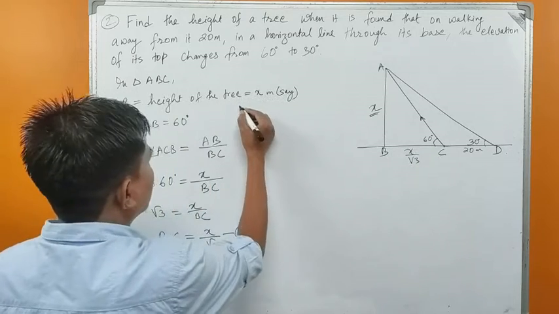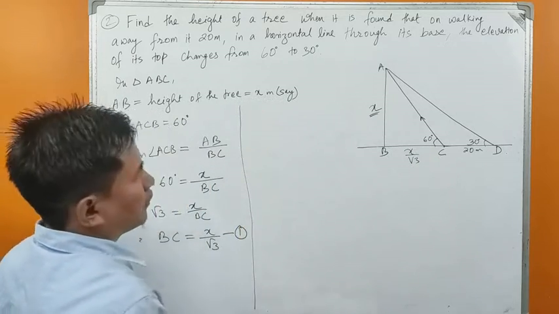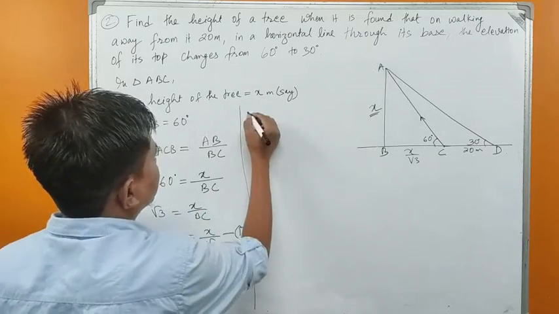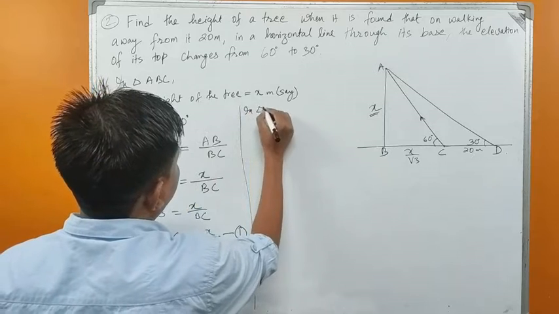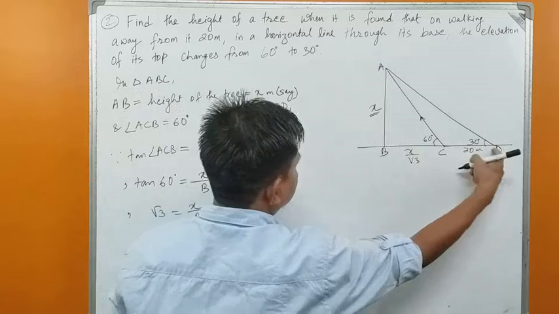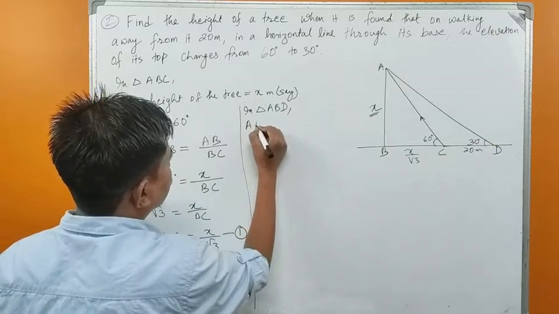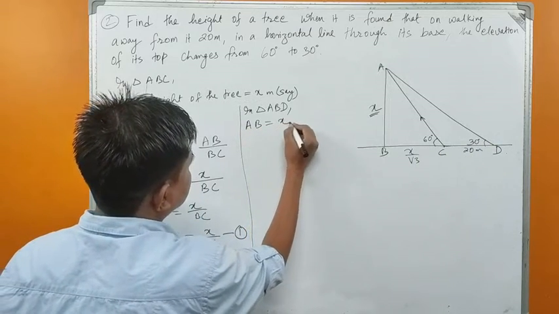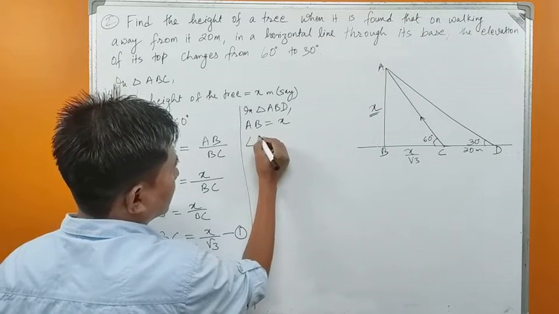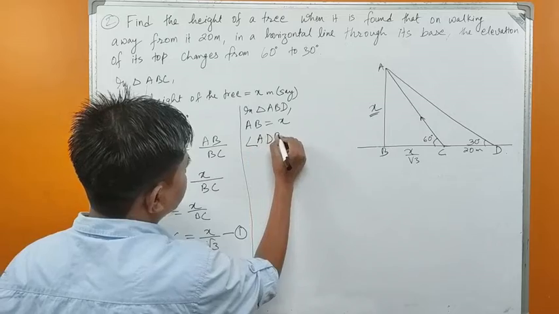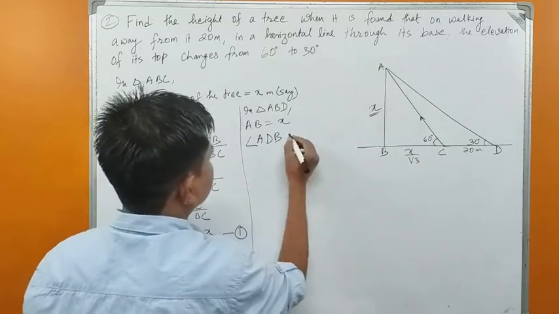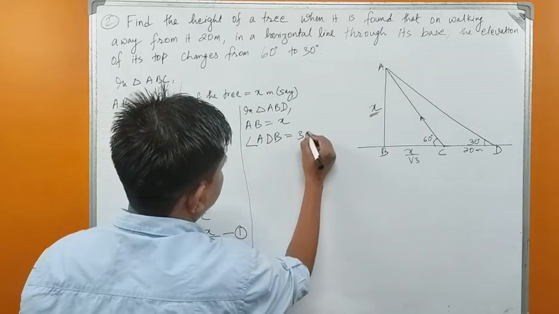Now, in triangle ABD, the bigger triangle, AB is the perpendicular, AB equals x, the height of the tree, and angle ADB is 30 degrees.